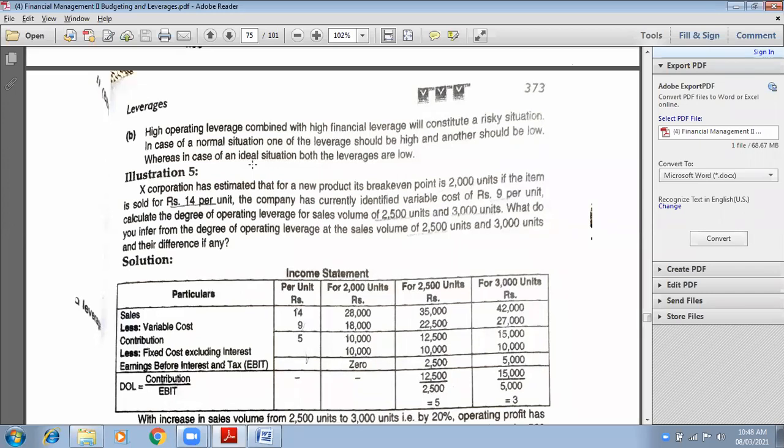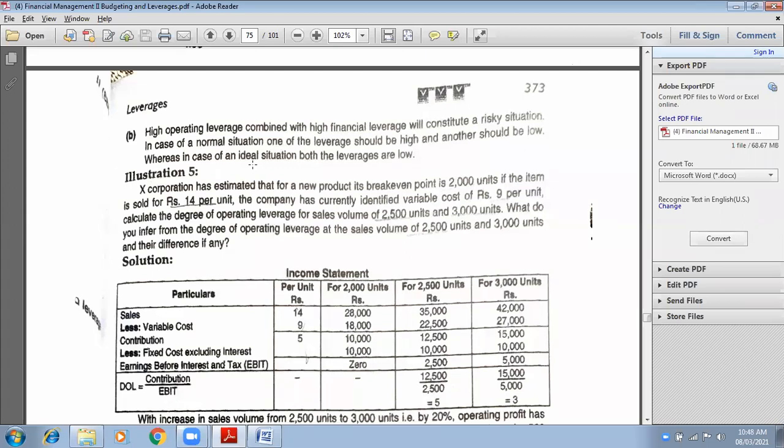Let us quickly write down the 3 statements under B: 1, 2, 3. 1: High operating leverage combined with high financial leverage will constitute a risky situation. Full stop.